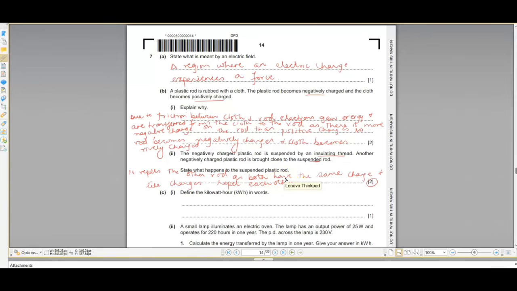Part C of this question asks us to define kilowatt hour in words.